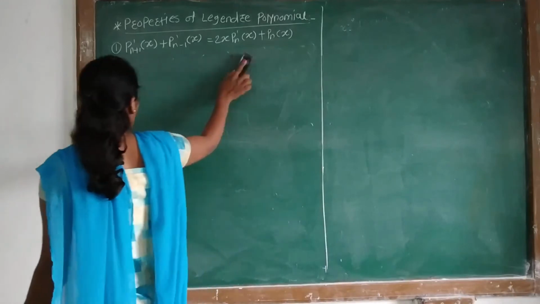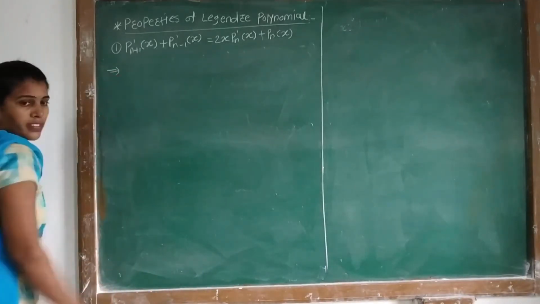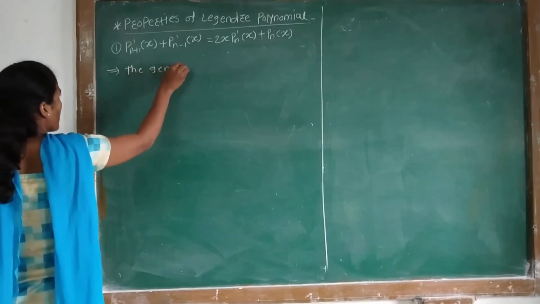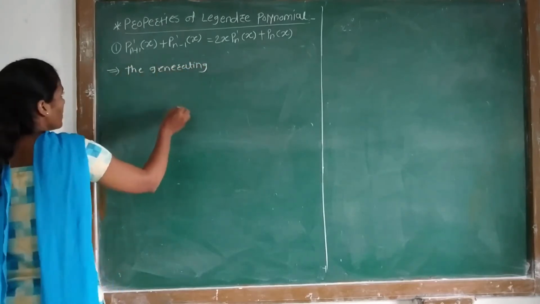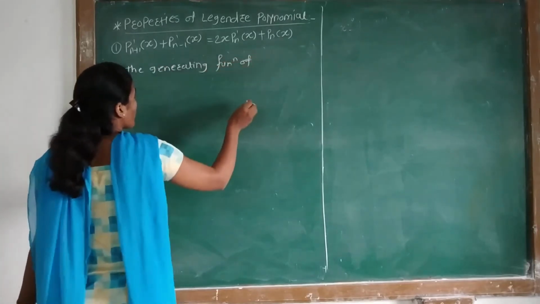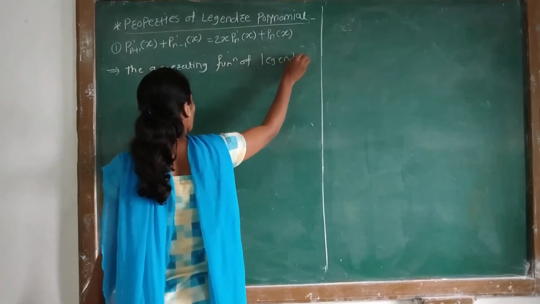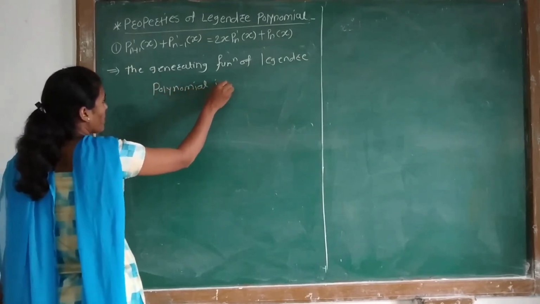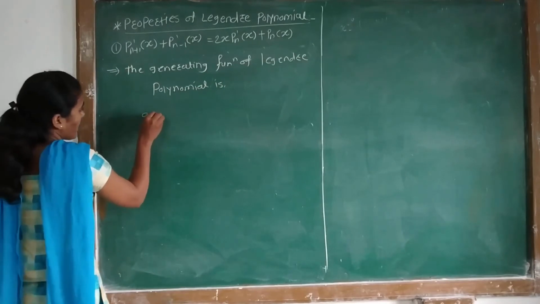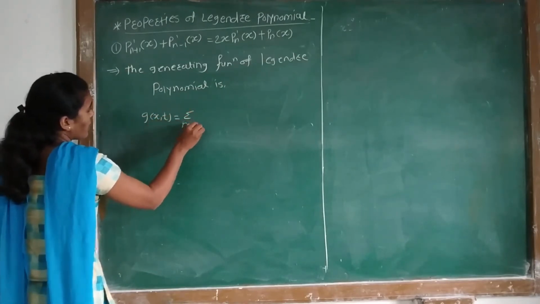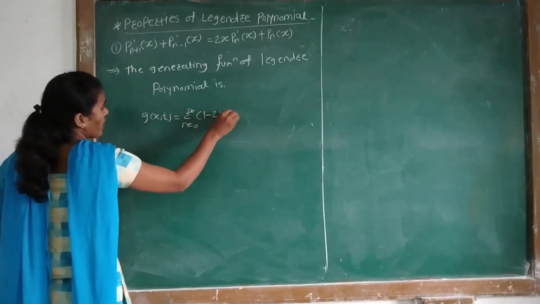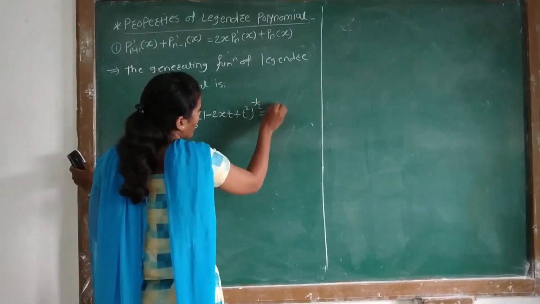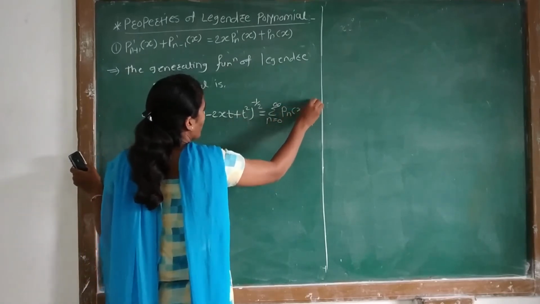Now, the generating function of Legendre polynomial is g of x, t equal to 1 minus 2xt plus t square raised to minus 1 half, equal to summation over n equal to 0 to infinity Pn of x t raised to n.